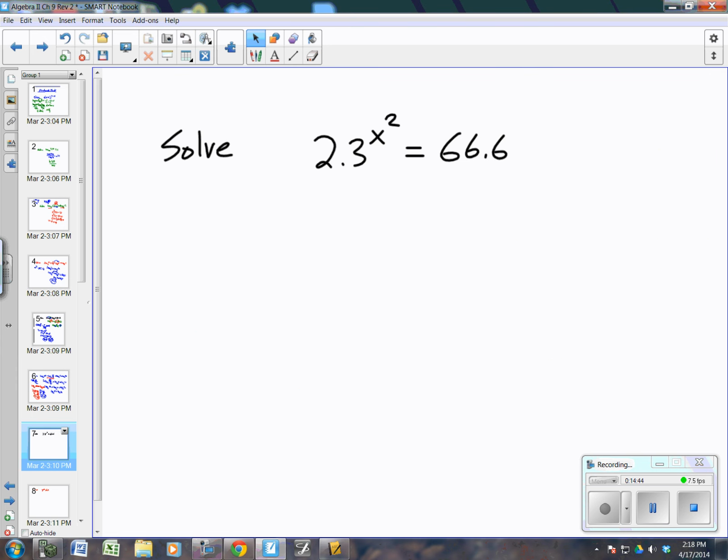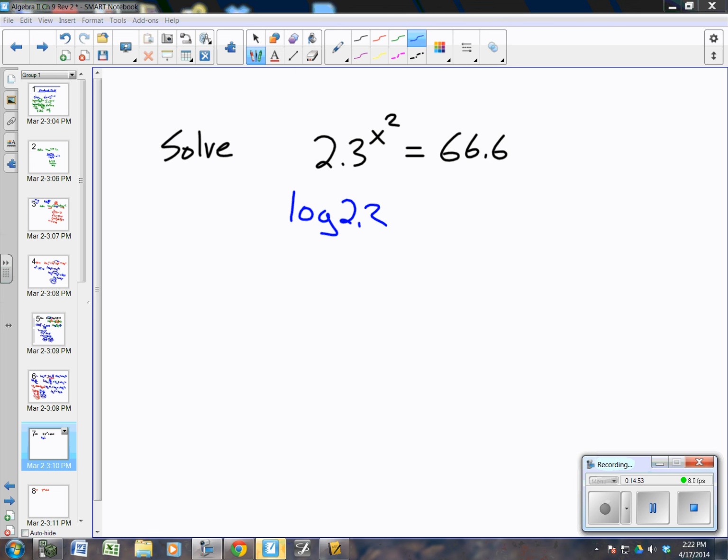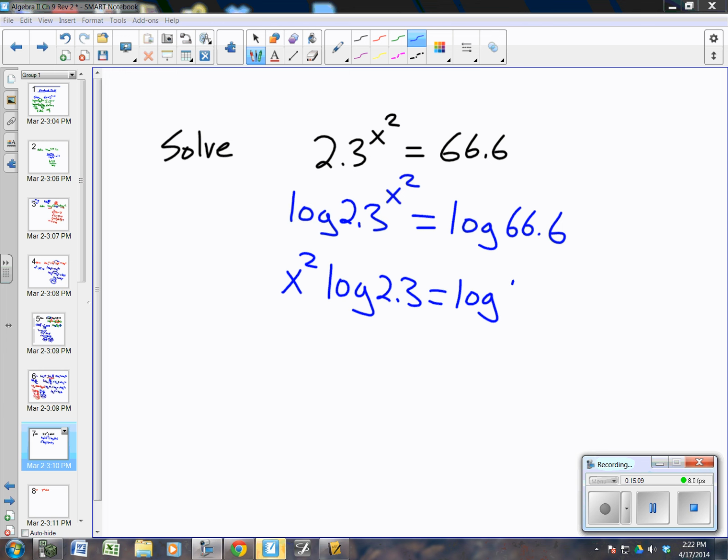Okay. Here we go, next one. Oh, we're getting easier. Looks like every group had it. But, you guys, I would take the common log, which is log base 10, of both sides. Keep in mind, you could do the natural log of both sides. Then I use the power property to bring x squared down. Then I would divide both sides by log 2.3.